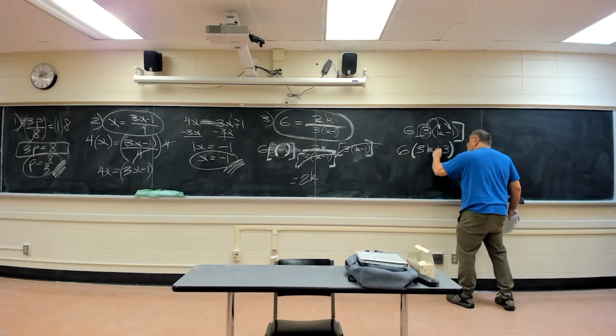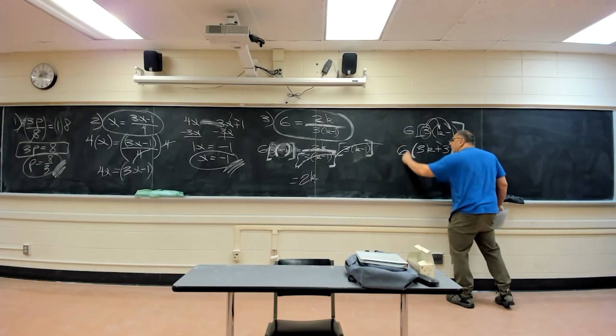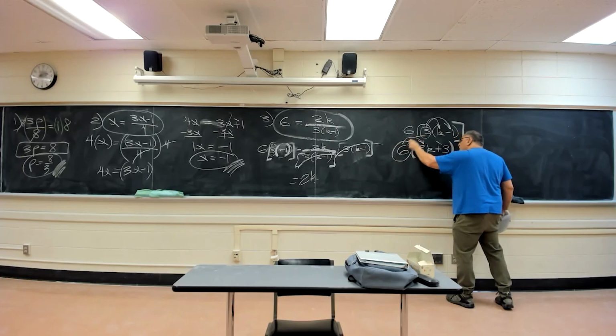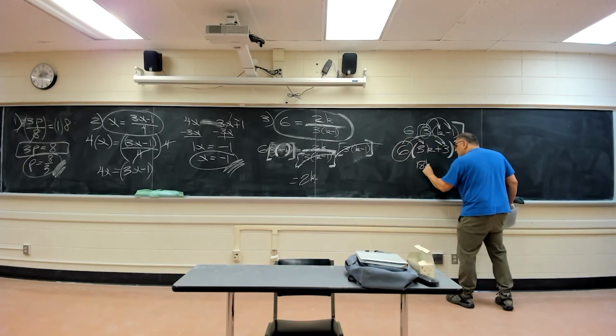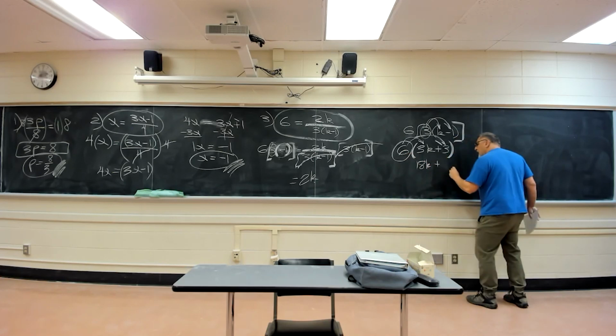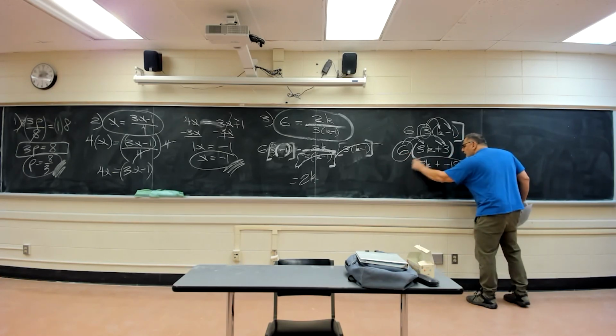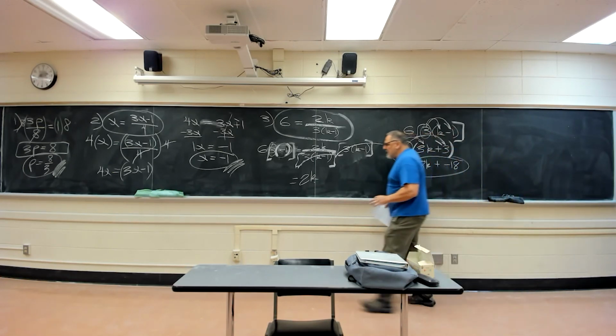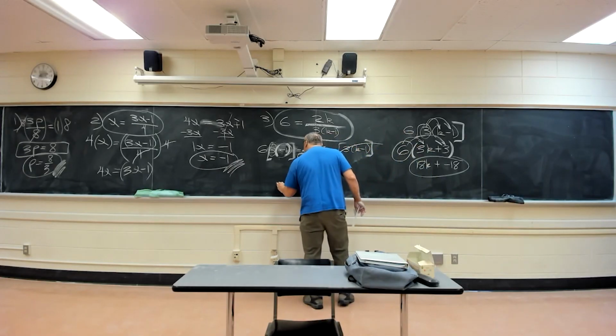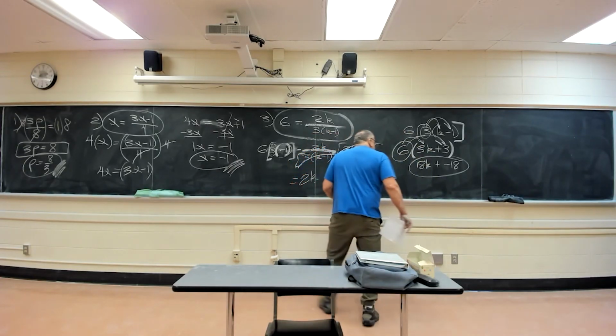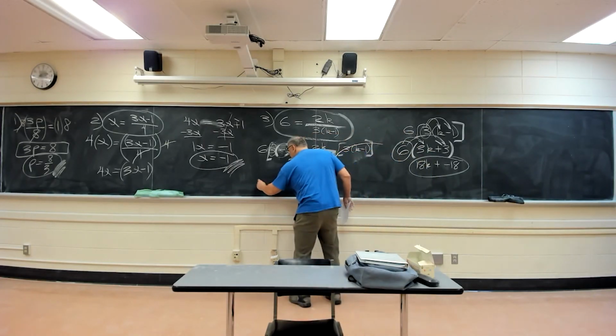Minus 3 is plus a negative 3. That's fine. Now take the 6 and go here. 6 times 3k is 18k. 6 times negative 3 is negative 18. Okay. That's going to be what's coming down over here. It's going to be 18k plus a negative 18.